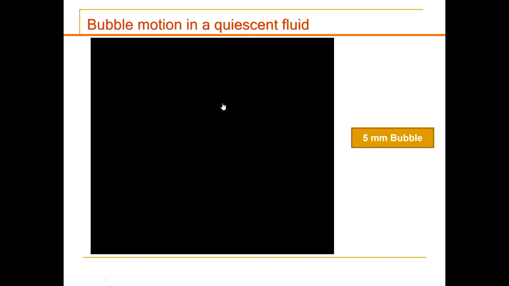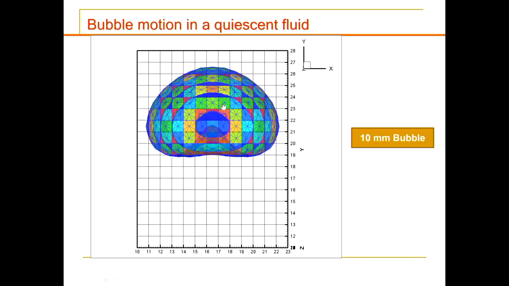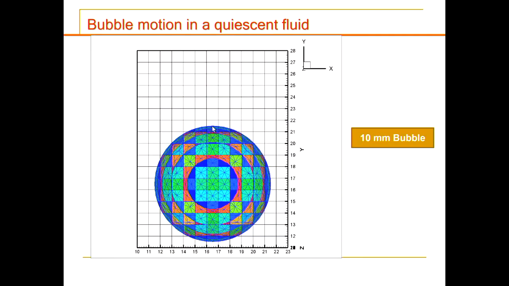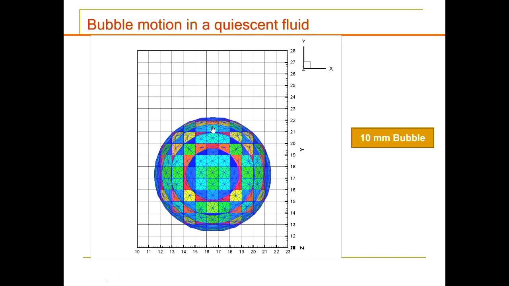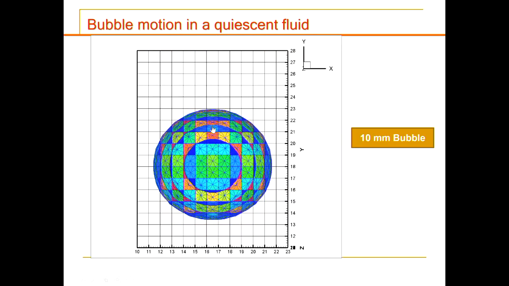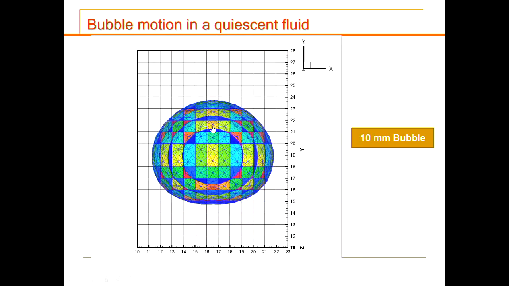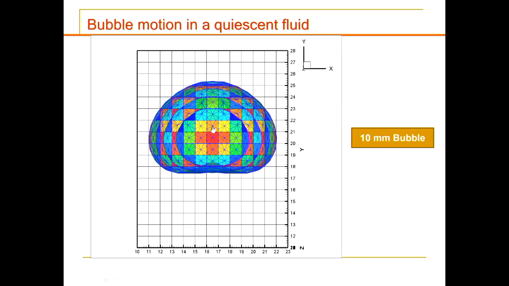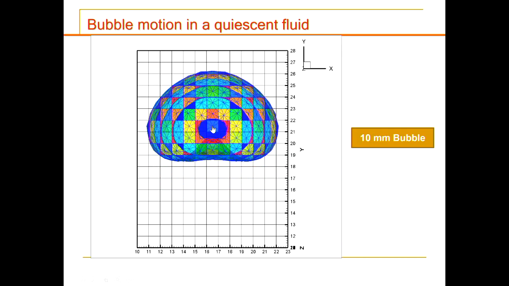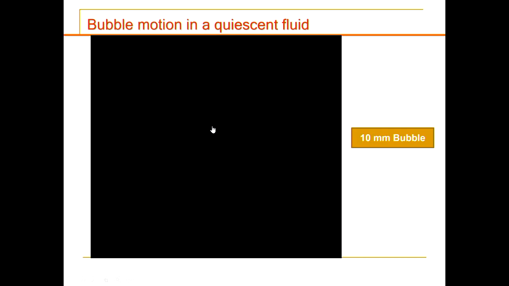For a 10 millimeter bubble, it's very interesting that the bottom surface is moving faster, and there's a penetration of the fluid towards the middle. You can see soon. Eventually the surface moves so fast it breaks the bubble. The penetration is so strong.